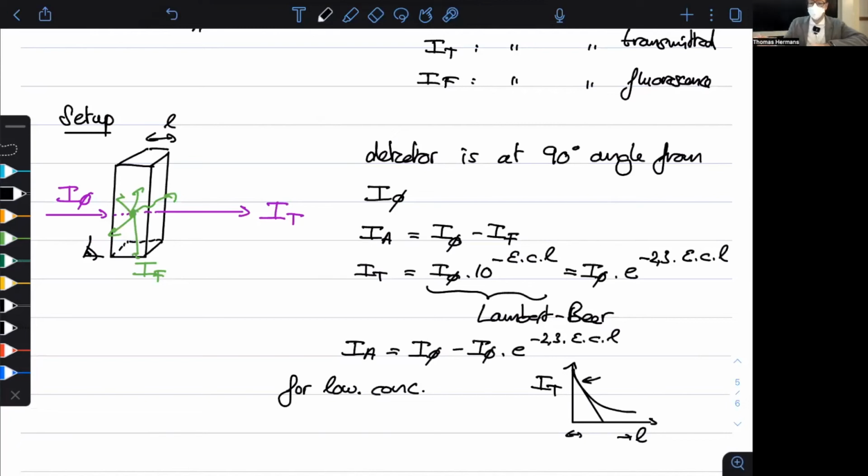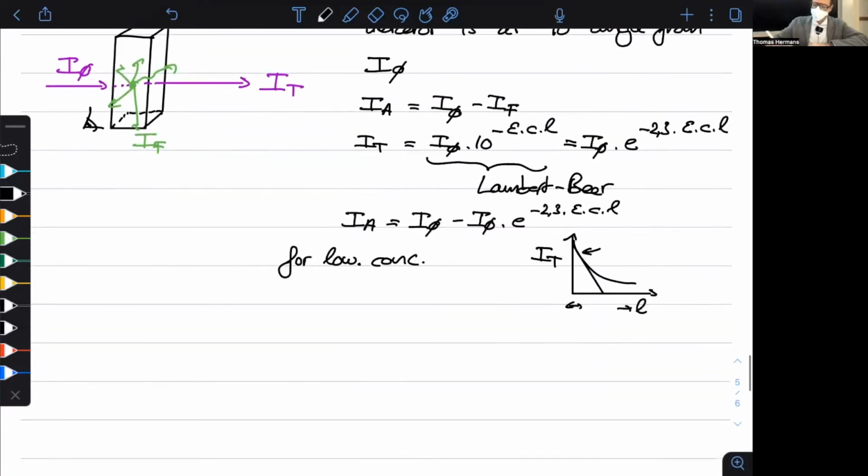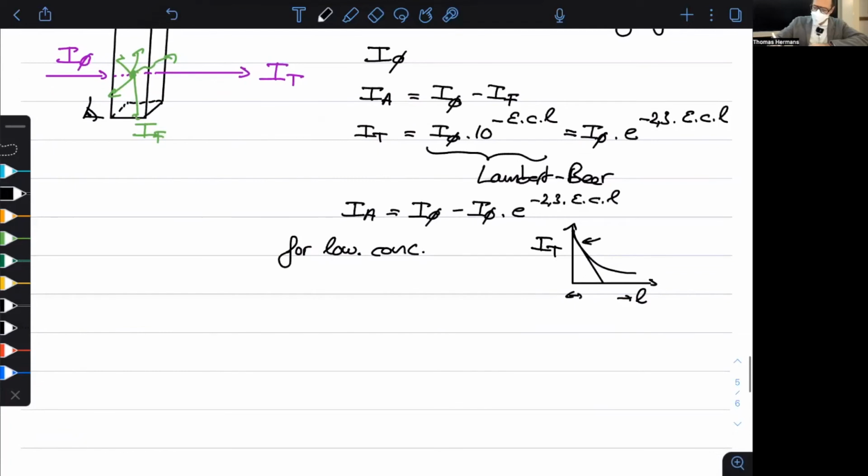Here. So if that's linear, we can do what people like to do, linearize things, right? So IA, I'm just rewriting this equation, assuming that first part is linear.